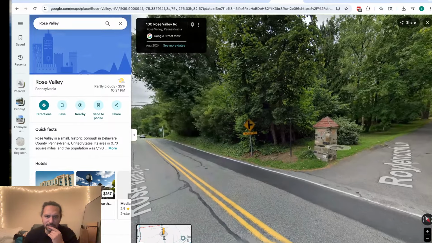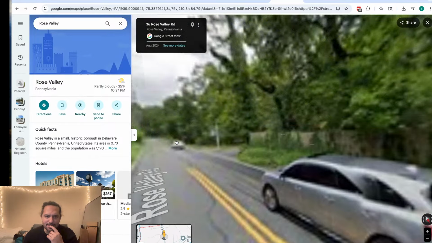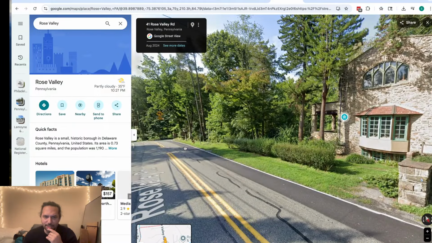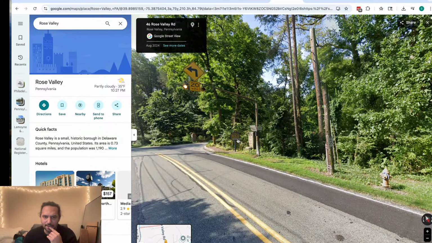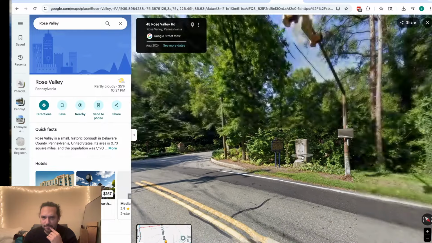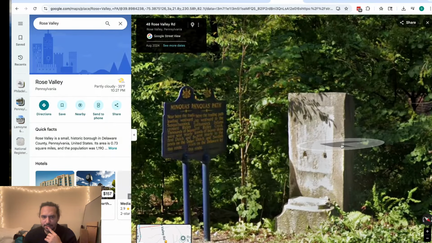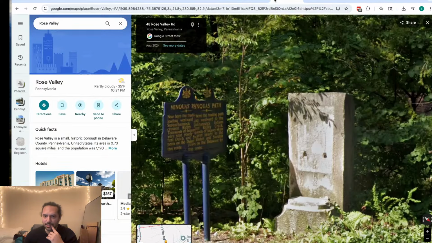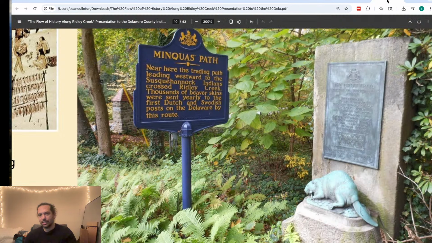What? Where is it? Too much history in this town, I say. Ah, there it is. Oh, yeah, look, it's gone now. Not too bad. But this is what it looked like. Now it looks like this. Someone nicked it. Someone stole this and melted it, I guess. Really too bad. I hope they replace it. They should replace it. It's documented. It's right there. We can just make another one, right?